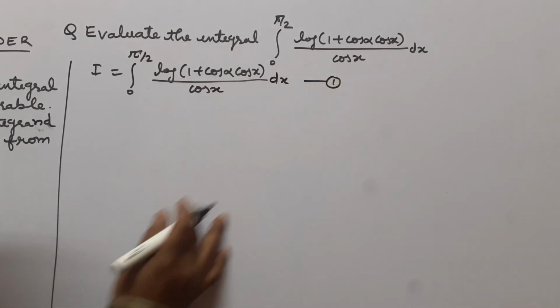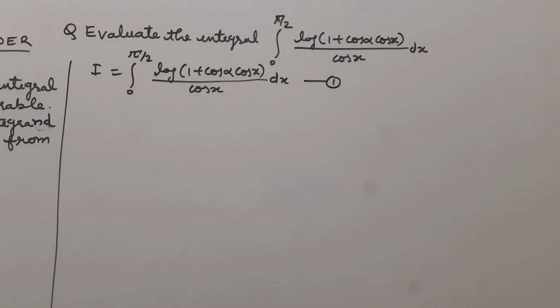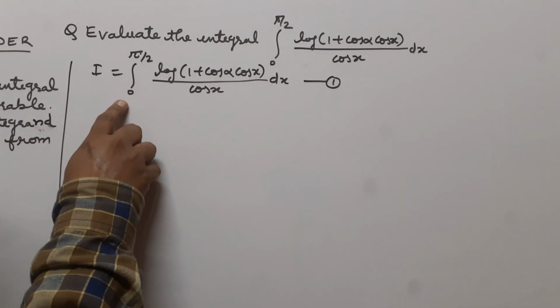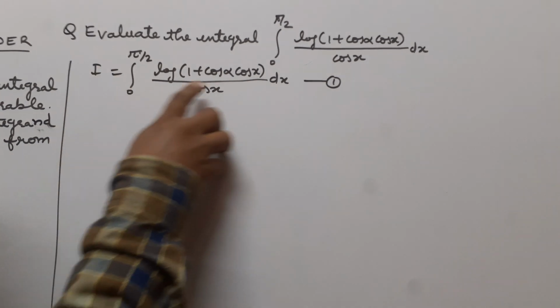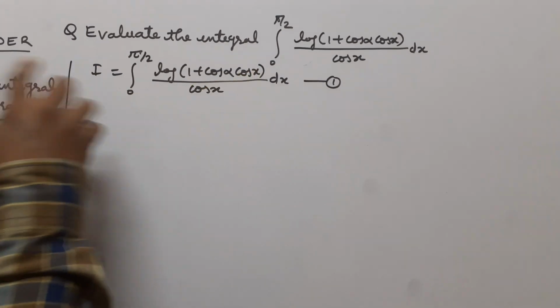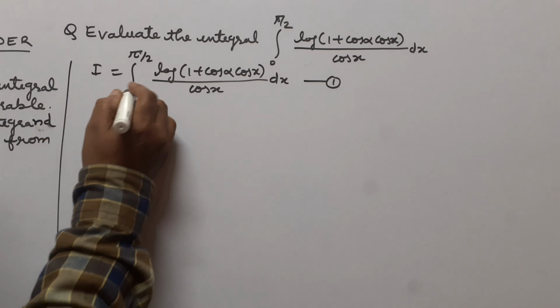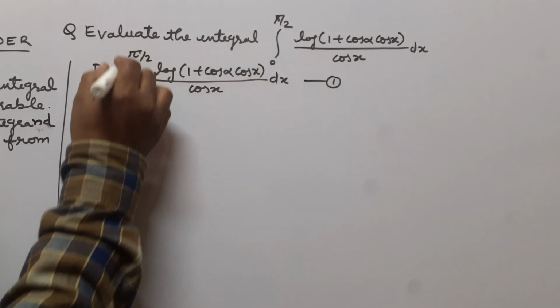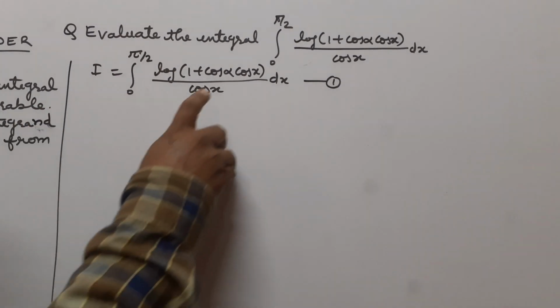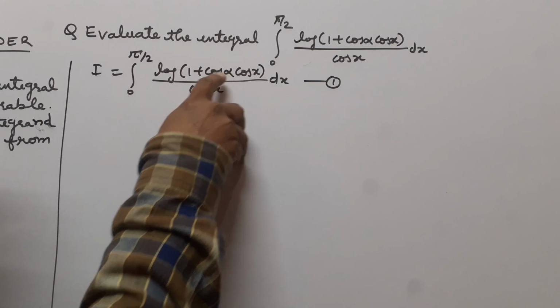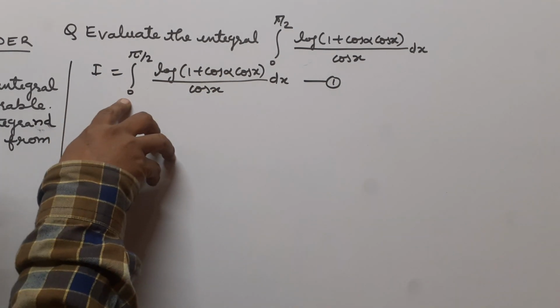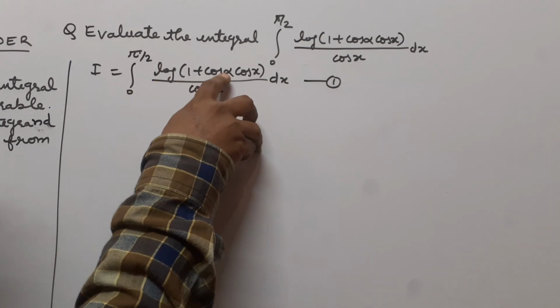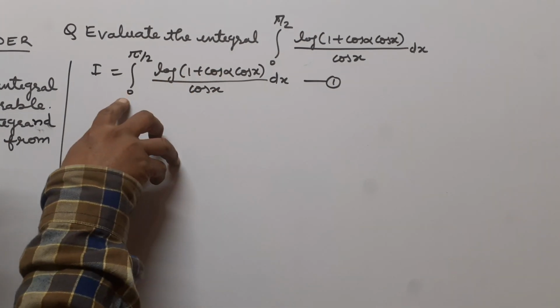Suppose this is the first equation. Here the limit is 0 to pi by 2, which is the limit of the x variable, so x goes from 0 to pi by 2. And the quantity alpha is independent of the limit of integration, so alpha is the parameter.